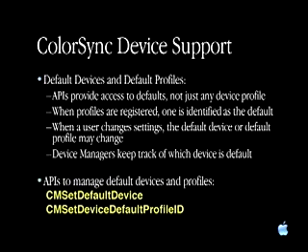The device manager is aware of that and tells us that the default profile has changed. So again, the device managers are the place where these changes are noticed, and they go ahead and notify ColorSync using CMSetDefaultDevice if a default device changes, or CMSetDeviceDefaultProfileID if a default profile changes.